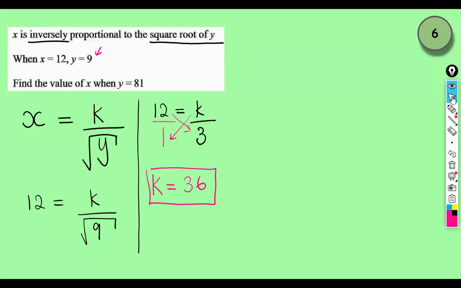You don't want a chance to finish it from there because real people thought k was 108, but k is 36. So take a minute again and see if we can finish off the question with the correct value of k.